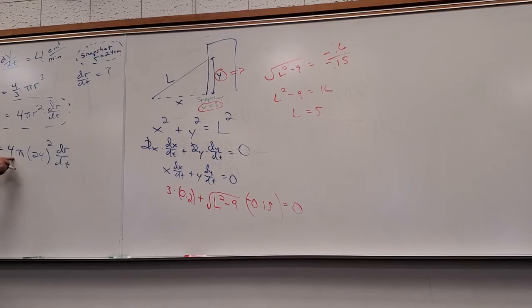Because the 4s cancel. You divide by 24 squared pi. What's 24 squared? 576. Sorry, that took me a while. And then whatever that is.